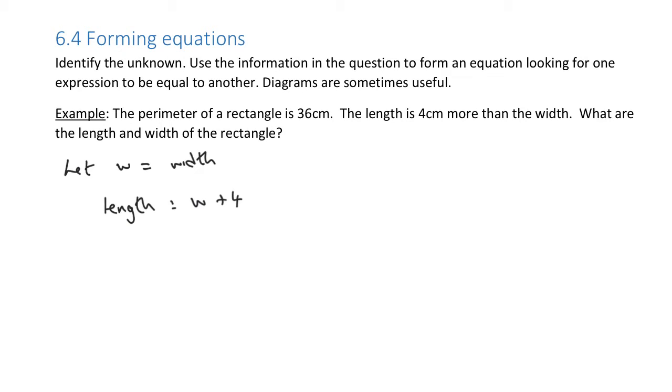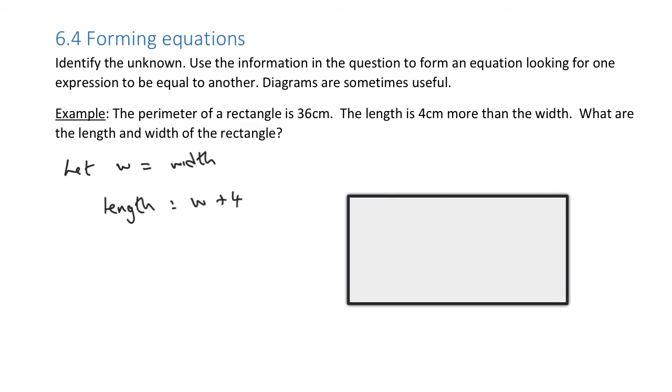We said that diagrams can be useful, so let's draw a diagram then and see whether that will help. So we've got a rectangle. The length is W plus 4 and the width is W. This is going to be W plus 4 and the other width is W. And we're told that the perimeter is 36, and the perimeter is the distance around the outside.